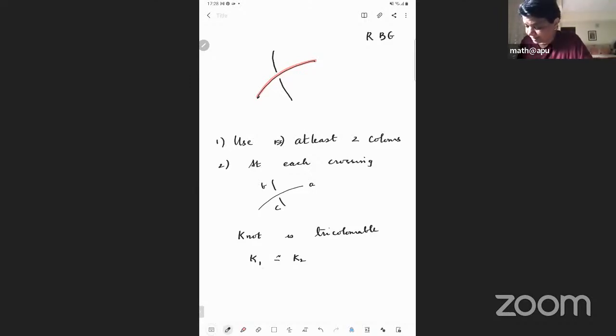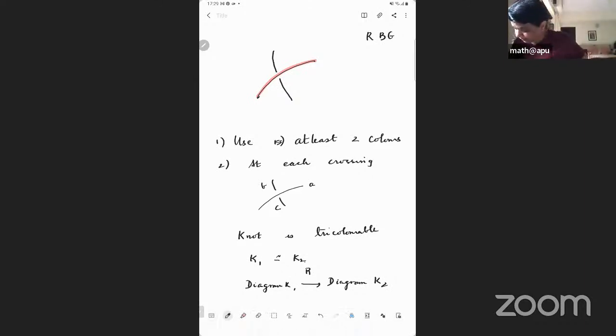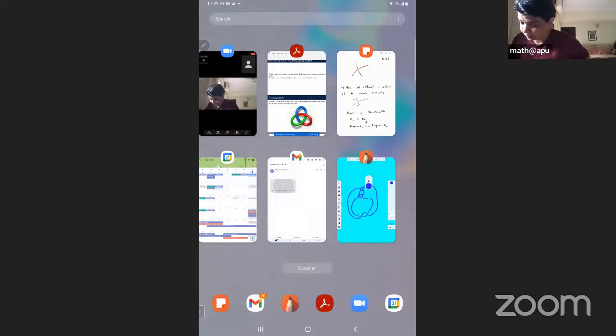We remember the definition of K1 being equivalent to K2: if I take some diagram of K1, and I take some diagram of K2, we know that there are infinitely many diagrams, I can go from the diagram of K1 by a sequence of Reidemeister moves to a diagram of K2. This is the definition. Okay, so I'll stop here and I will go back to stop share. So this is the definition of tricolorability.